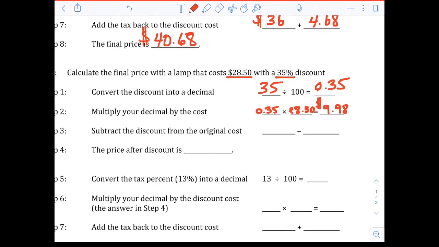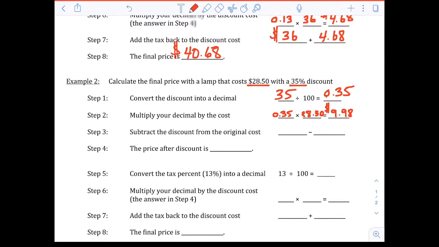We're saving $9.98. So it was originally $28.50, but I am saving $9.98. So when we put that in our calculator, that's going to give us our new sale price and the new cost of our item that we're trying to buy, which is $18.52. So that's how much the item is going to cost us now.